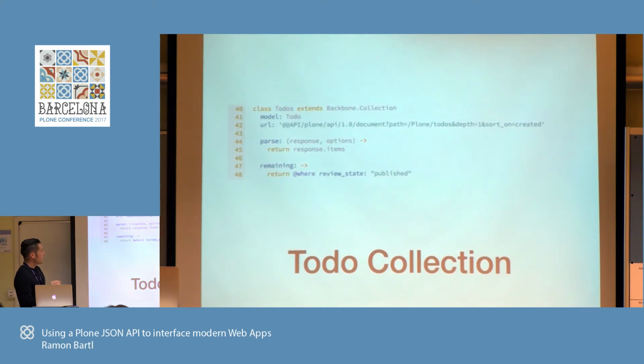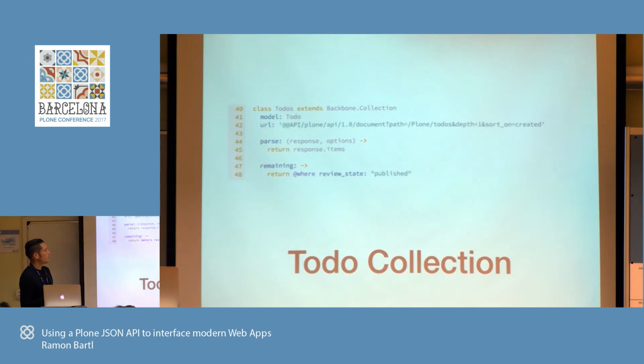And the collection, that is the list which holds all my to-do items, to-do models. Quite easy. I say, okay, please get the documents route, and there you see I'm using the path index. So it says, okay, give me all documents from the Plone to-dos folder, and I'm just interested in the first level of it, and please sort it on created.